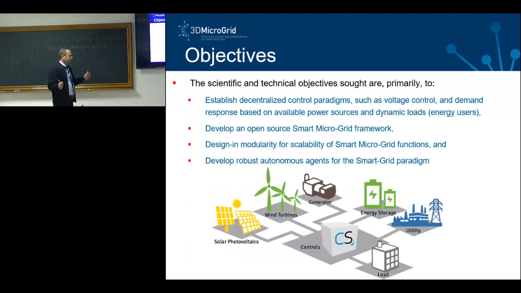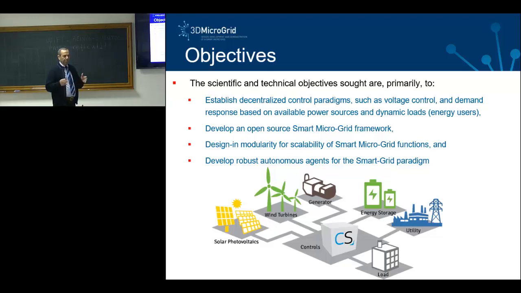So, in fact, because this is more or less a research project that we want to build together with our partners, there is a scientific and technical objective that we are seeking to achieve. This primarily focuses on the establishment of a decentralized control paradigm, such as voltage control and demand response, based on available power resources and dynamic loads.